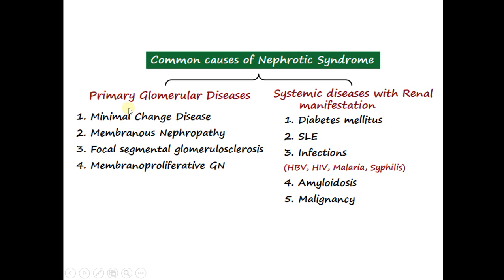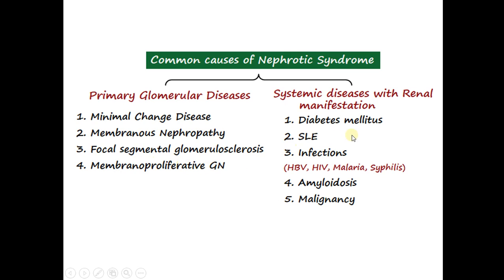So, primary glomerular diseases that give rise to nephrotic syndrome include minimal change disease, membranous nephropathy, focal segmental glomerulosclerosis, and membranoproliferative glomerulonephritis.